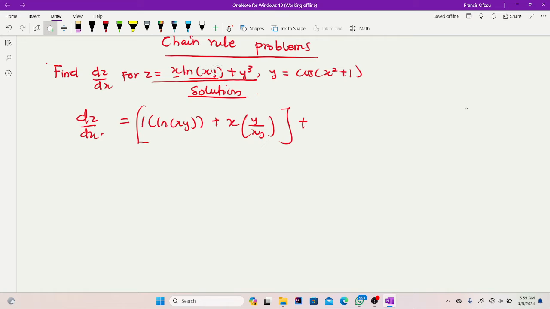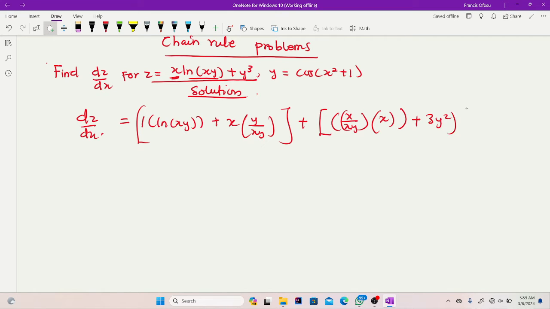We only have to solve what is inside here, and that will give us x over xy multiplying x, where this x is the one out here, plus my y cubed is simply 3y².